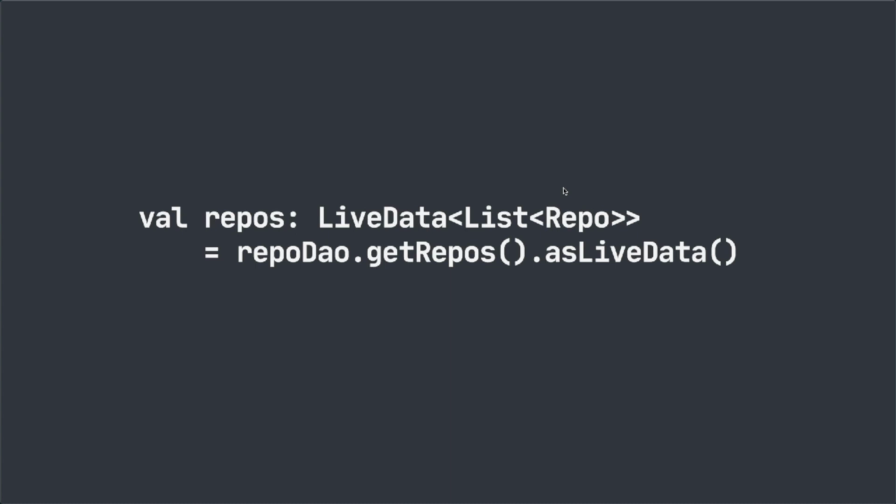Here's another example. We could get a Flow from our database, and then we could convert that into a LiveData using the asLiveData extension function. And so we could convert that Flow into a LiveData as we might have done before with, let's say, RxJava observables and converting those into a LiveData.